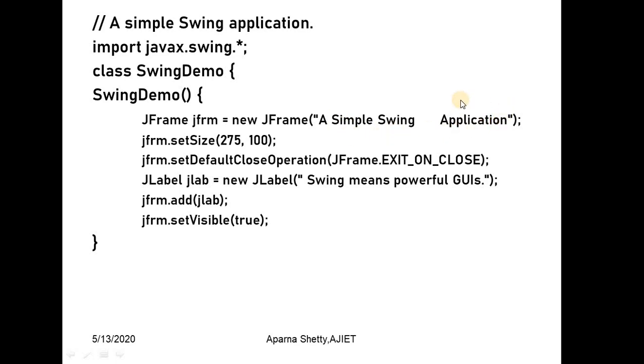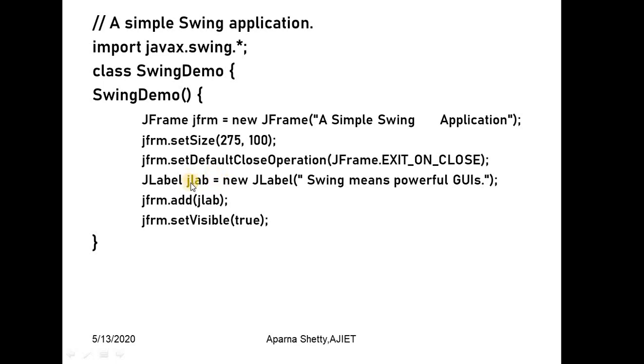The size of that frame is 245 by 100, and the default close operation for that frame I'm setting as EXIT_ON_CLOSE, which will terminate the frame when the close button is pressed.